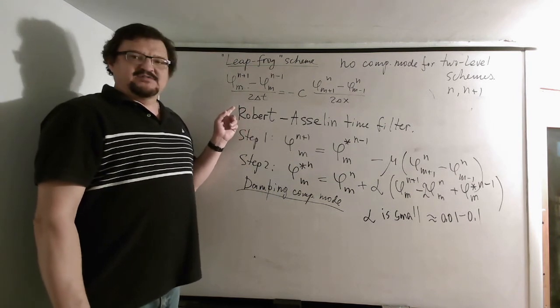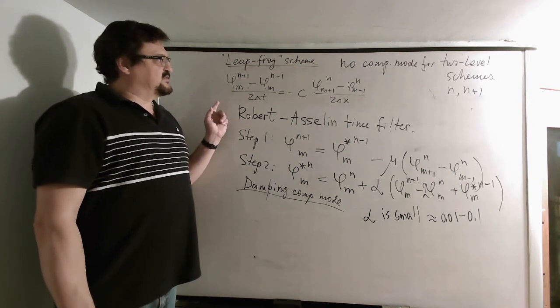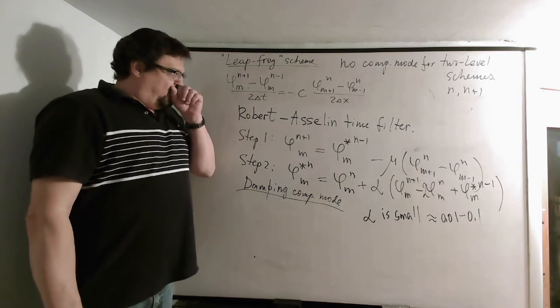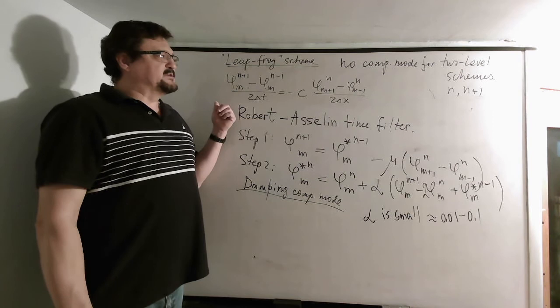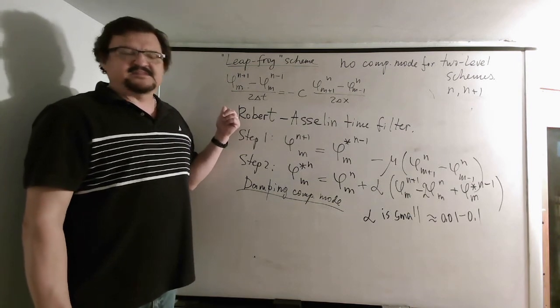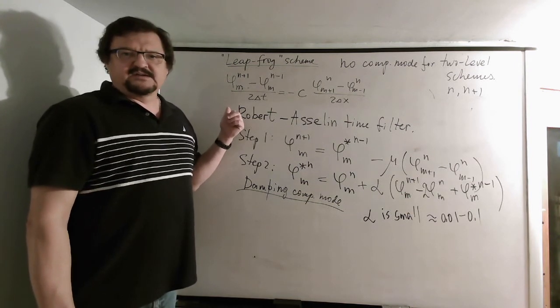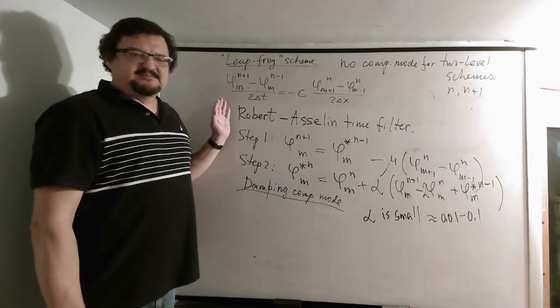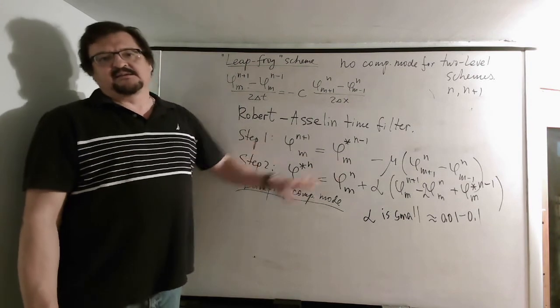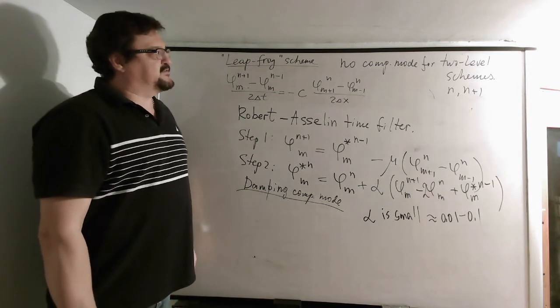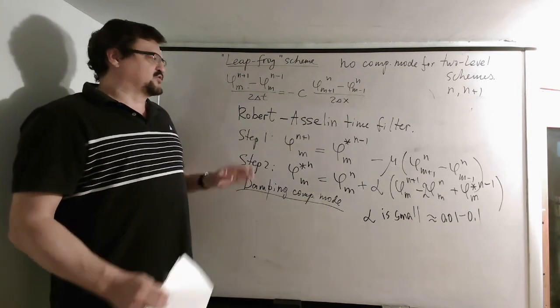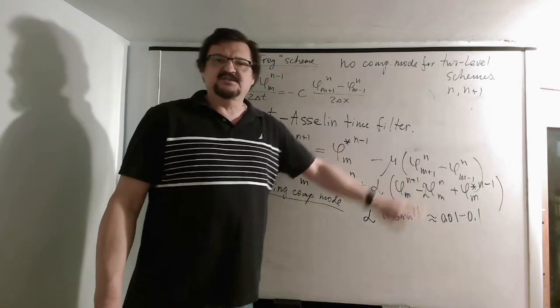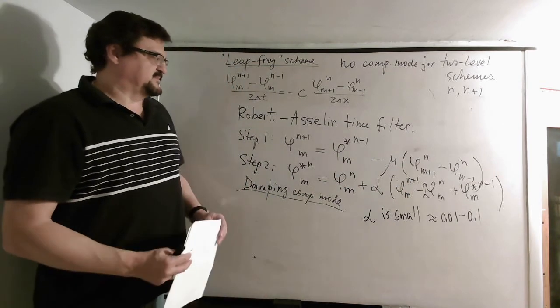And we'll talk about that next time when we talk about forward in time schemes, but of various order of truncation error. Some of those schemes already have built-in filtering or damping of computational mode, and you don't require this artificial step to apply.